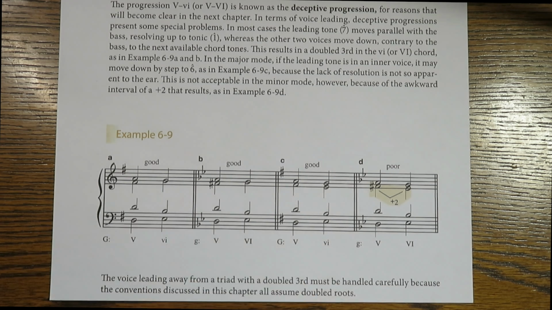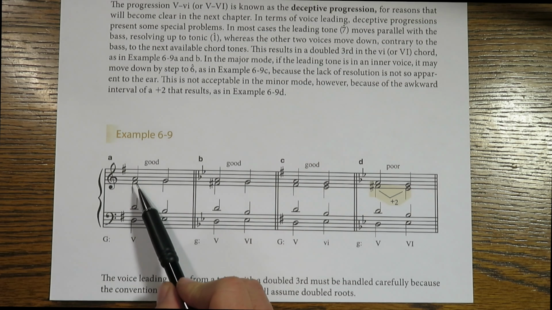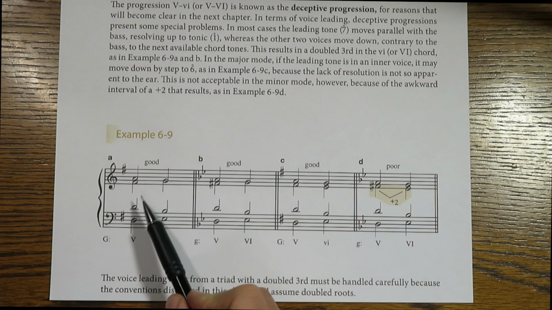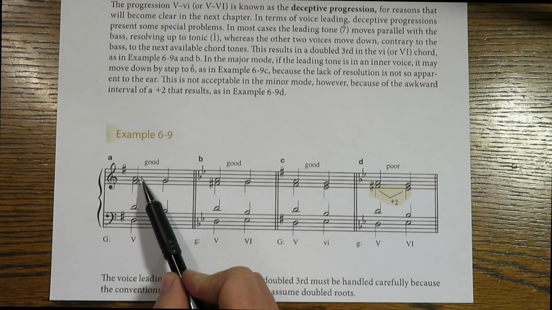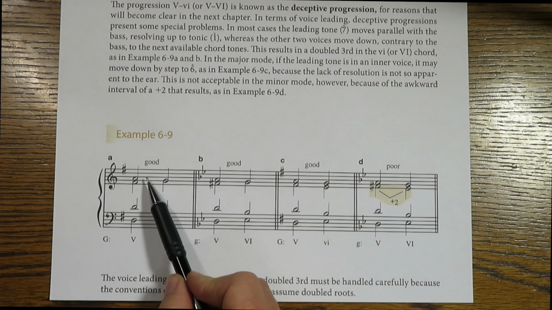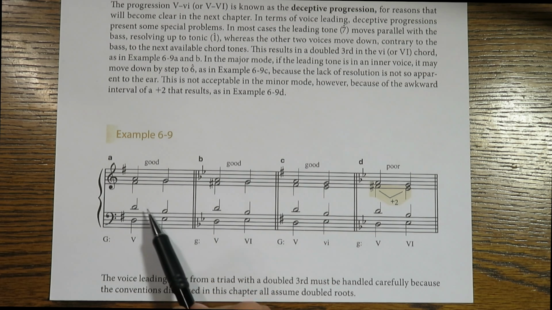The F sharp. And it is moving up to the tonic, okay, or the third of the 6th chord, and the other voices are moving down. See, the leading tone moves up like the bass, and then the soprano and the tenor both move down.